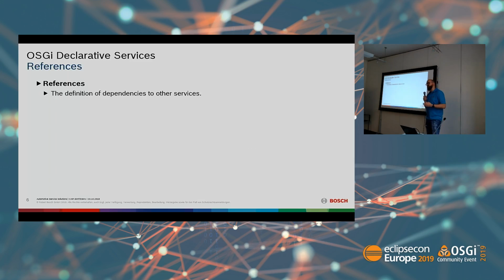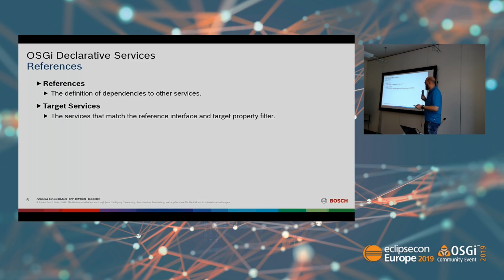So a reference is a dependency to another service. Target services is what you define as the service that you want to reference. So this is your target, the reference interface that you want to reference. And you have the bound service, so this is what you then really have put together. We come to this in a few moments.